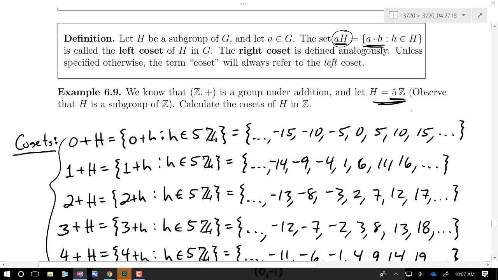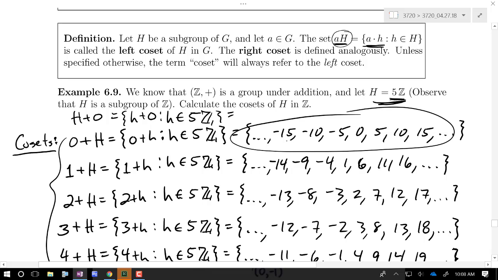That was also a group under addition, so it's a subgroup of the integers, and we found the left cosets. If we had found the right cosets, like instead of finding 0 plus H, if we found H plus 0, that would generate the same set that we got here. The integers under addition is an abelian group anyway. The operation itself is commutative. So it's no surprise that when I reverse the order here, I'm going to produce the same set.